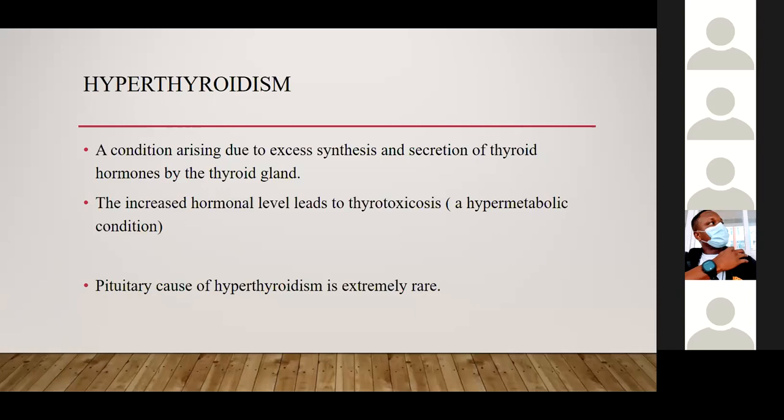So not every patient who has hyperthyroidism will have thyrotoxicosis, no, okay, you get it? So that's the difference. But a patient who has thyrotoxicosis has hyperthyroidism. So thyrotoxicosis is a hypermetabolic condition under hyperthyroidism.